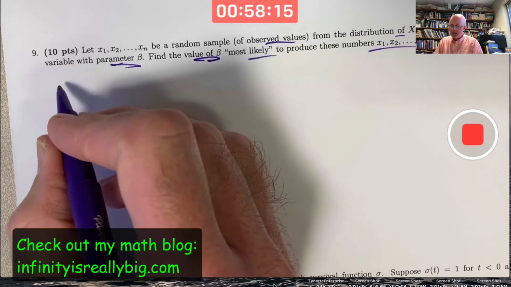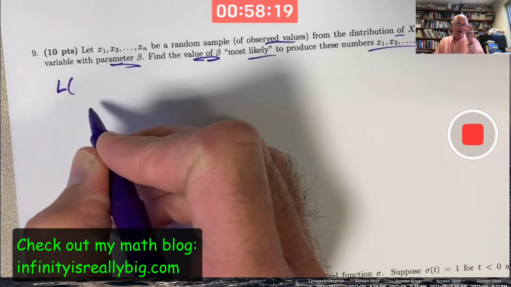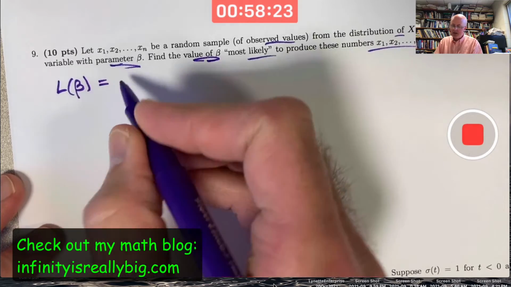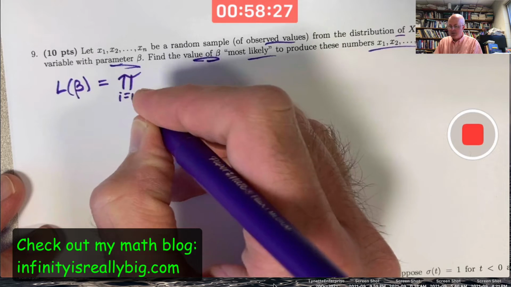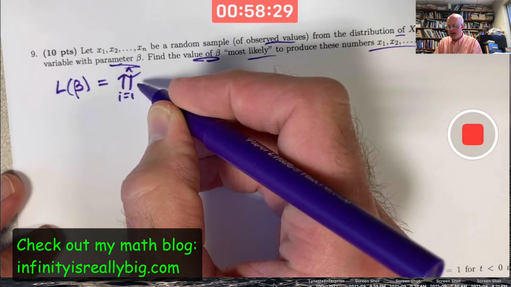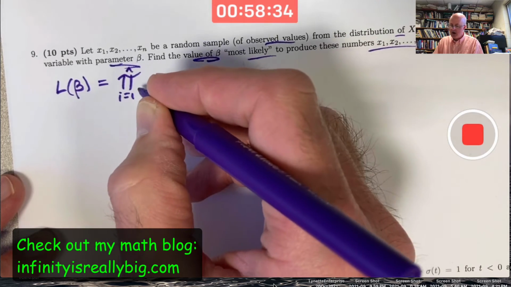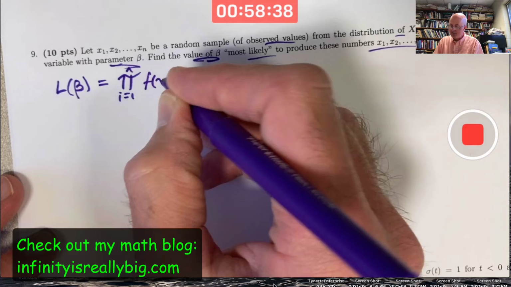You create something called the likelihood function. It's going to be a function of the unknown parameter, in this case beta. By definition, it's the product as i goes from 1 to n. So this is a capital pi here. It's not the number pi. It means product. Product, instead of summation, of values of the PDF.